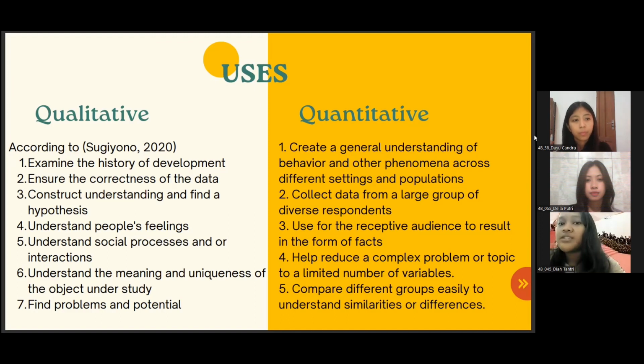The history of development of the life of a figure or community can be traced through qualitative methods. By using documentation data and in-depth interviews with the actors or people who are studied, the history of the development of one's life can be traced.